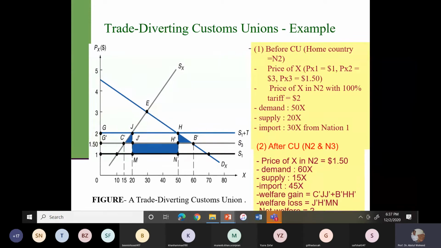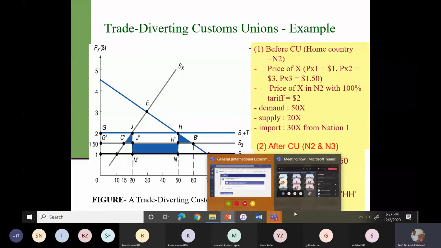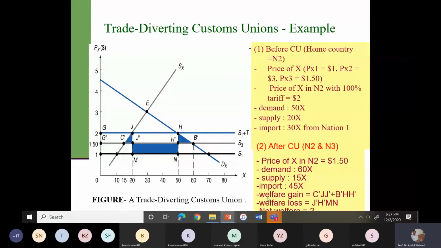It depends. This is a welfare loss, and this welfare loss is because there is a formation of custom union with a high cost provider. So if welfare gain is more than welfare loss, there will be a net welfare gain. If welfare gain is less than welfare loss, there will be a net welfare loss after custom union.